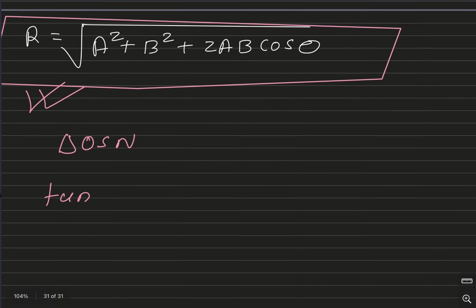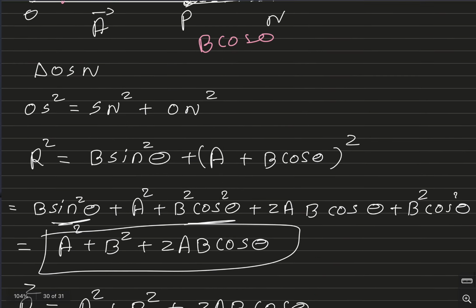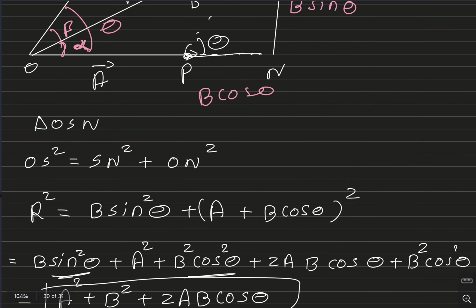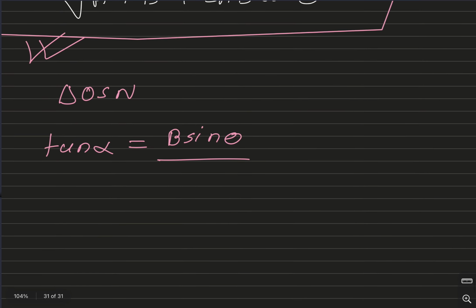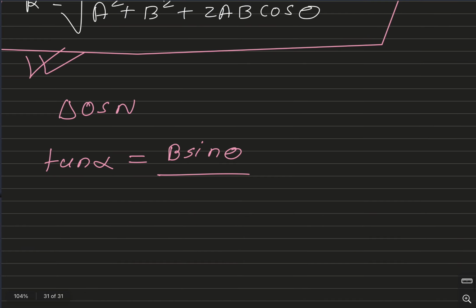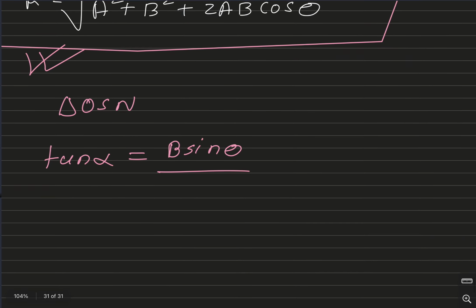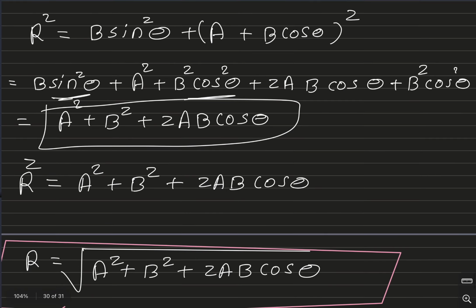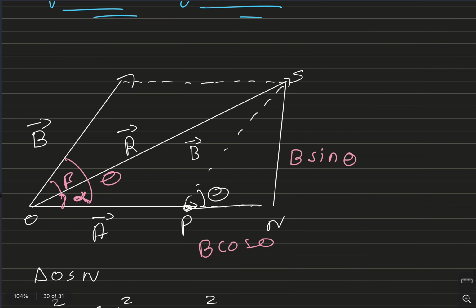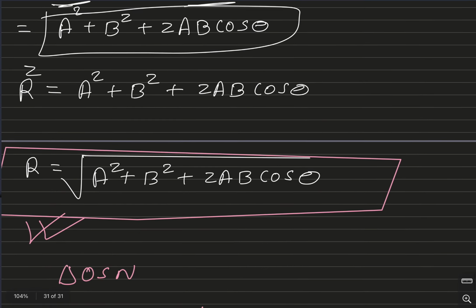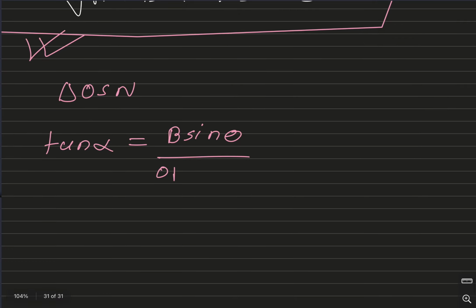So your formula will be tan alpha is equal to SN, meaning B sine theta, divided by ON. Your ON will be OP plus PN.